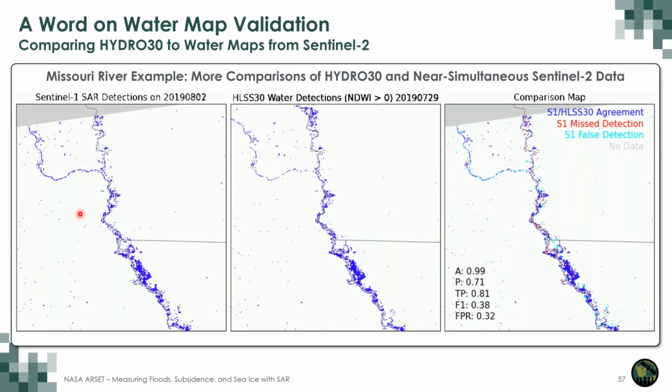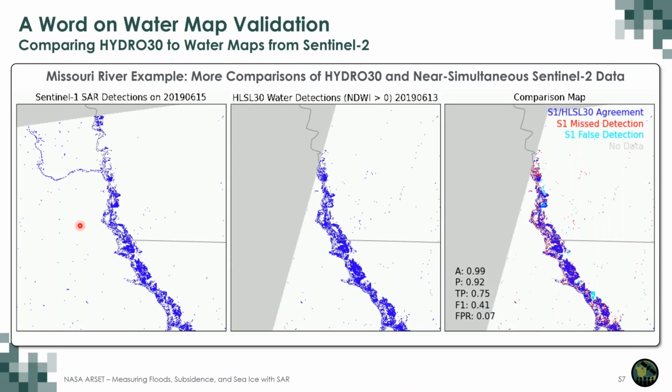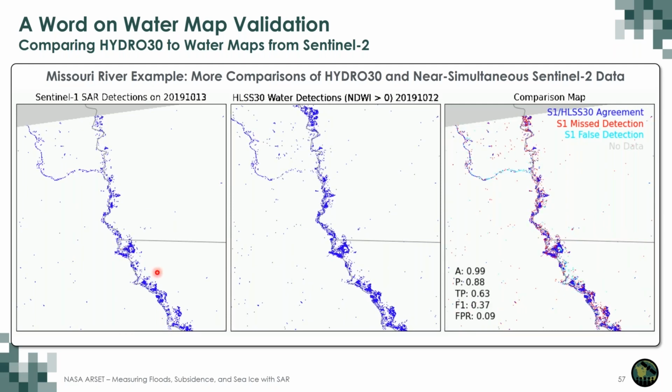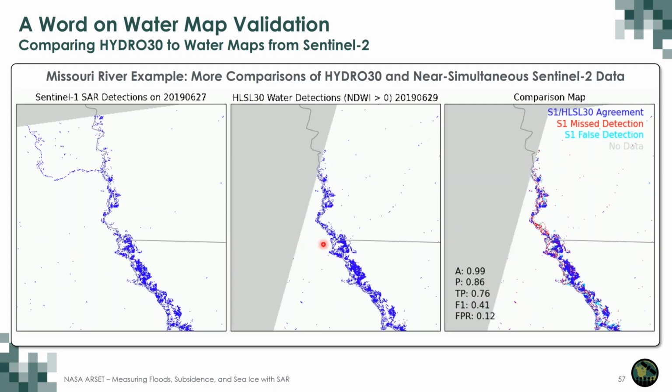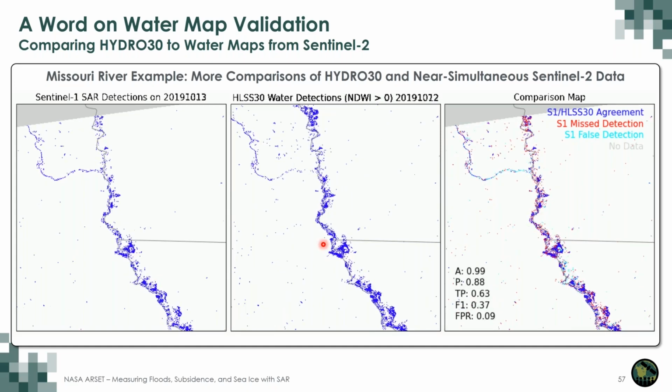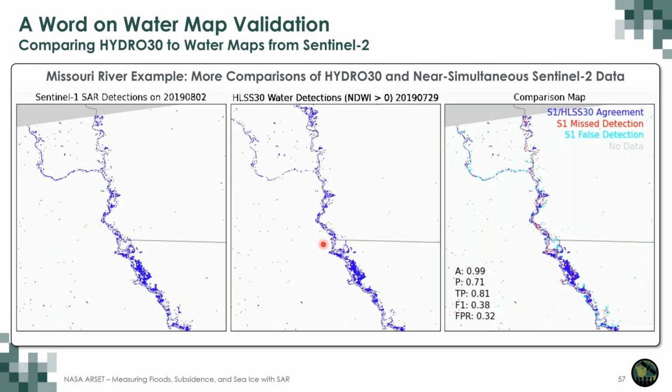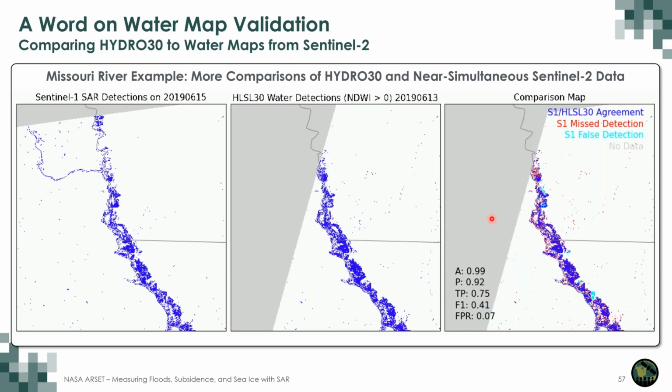On the very left, you see the water extent derived from SAR. In the middle pane, you see water extent derived from optical data at time steps reasonably close to the SAR acquisitions. On the right-hand side, you see the difference.